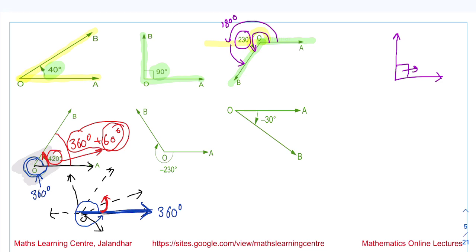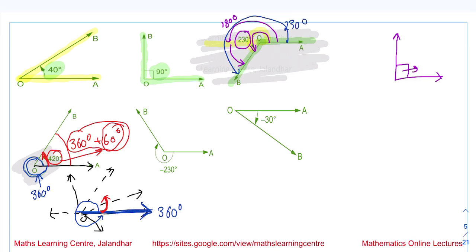Now in this next figure, the angle that is measured is in the clockwise direction. When we are talking about this third figure over here, we are saying how the angle is measured. We have started from this point A, moving in the anti-clockwise direction, and we have reached this point. This angle is 230 degrees.